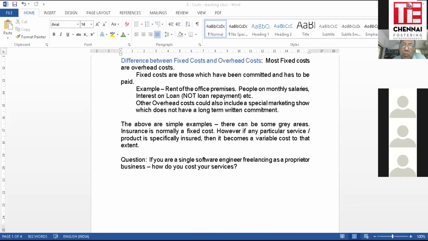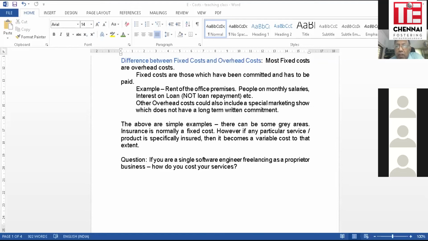Now, salaries may be fixed or maybe not. It depends upon what kind of a contract you have with the employee. Those of us who are employed in the real sense, we derive salaries, we are a fixed cost to the company. But for those who are paid on contract basis, on unit basis, or on commission basis, those salaries need not be fixed.